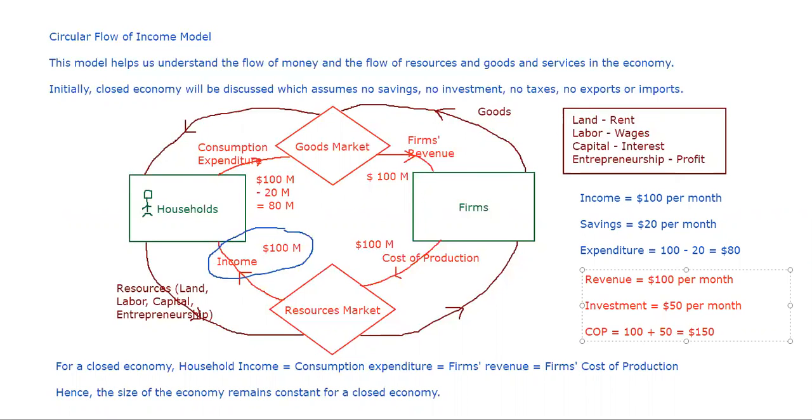So look at what investment is doing. Investment is acting like an injection. So let's modify this figure. So look at this particular figure. This is 100 million. It remains 100 million, but this will become 100 plus 50. So let me modify this figure.